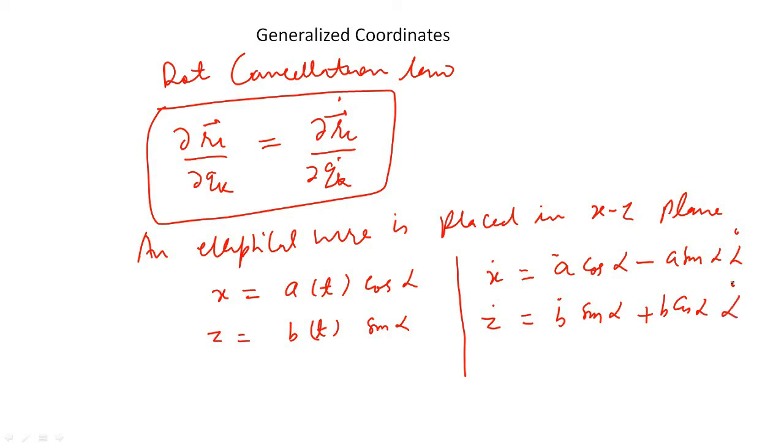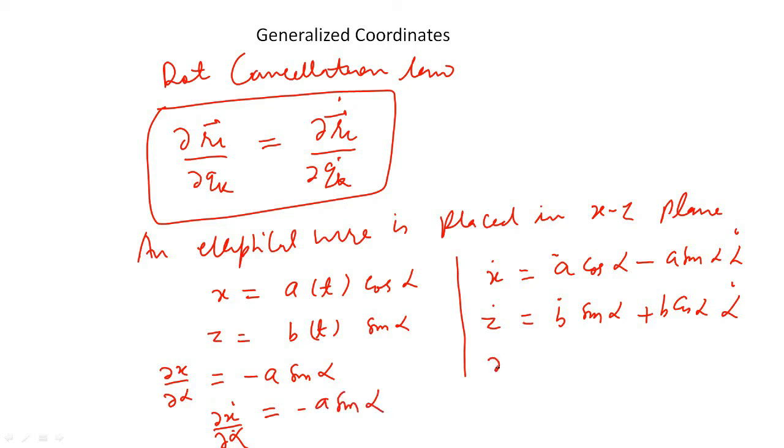Now if I find the value of ∂x/∂alpha, then you know that it will be equal to minus a sin alpha, and ∂x dot/∂alpha dot will also be equal to minus a sin alpha.